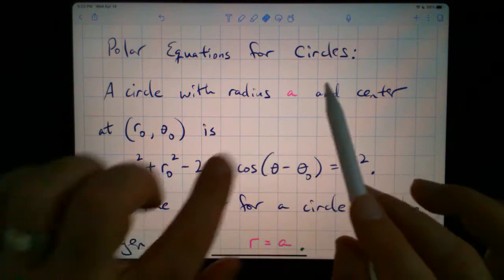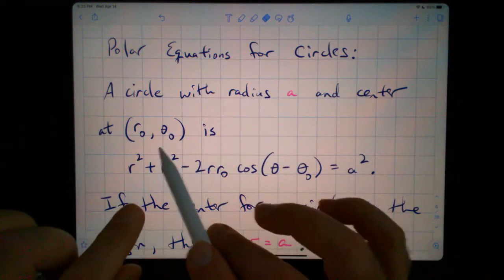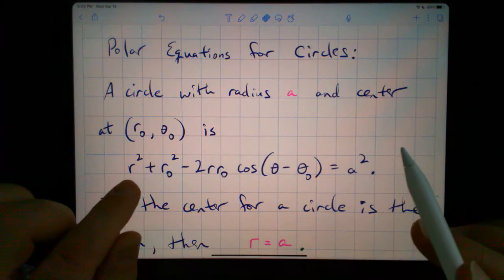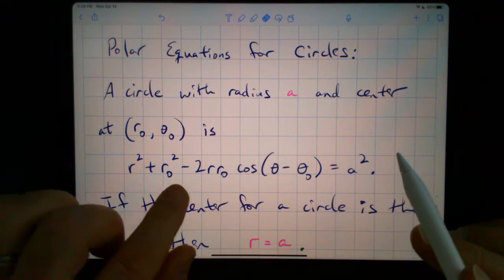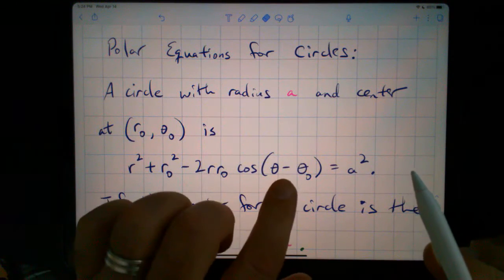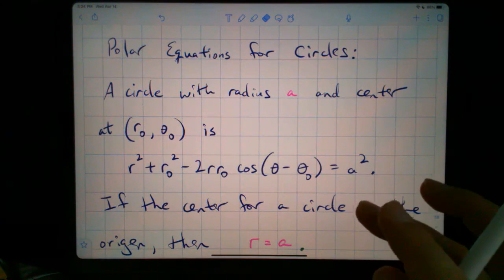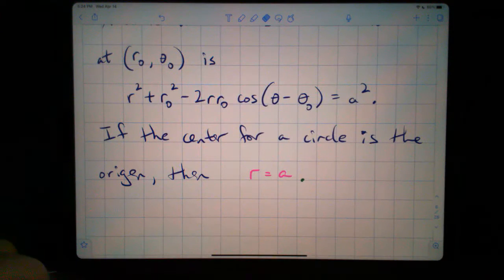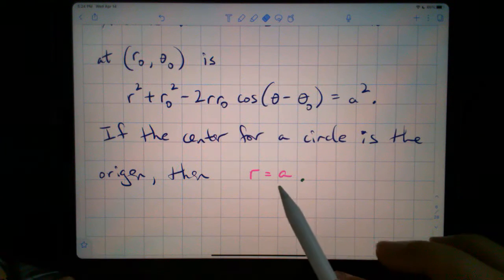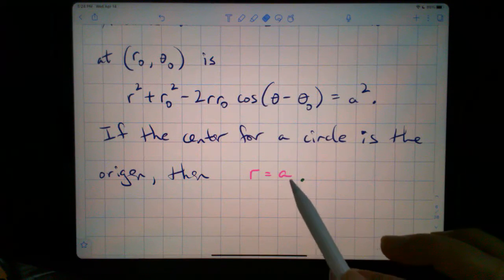So a circle with a radius a and center at (r naught, theta naught) is r squared plus r naught squared minus 2 times their product times cosine of the difference equals a squared. And if the center of the circle is at the origin, then r equals a.